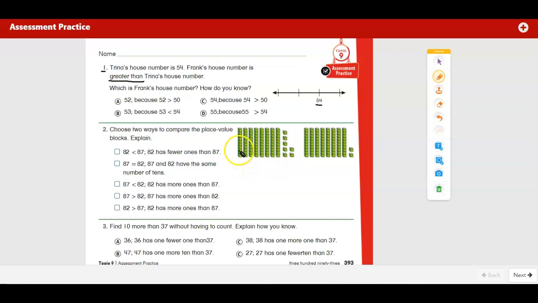In this model there are 1, 2, 3, 4, 5, 6, 7, 8 10s, which is 80, and 1, 2, 3, 4, 5, 6, 7, 87. Then there are 1, 2, 3, 4, 5, 6, 7, 8 10s, which is 80, 81, 82. So our models show 87 and 82.